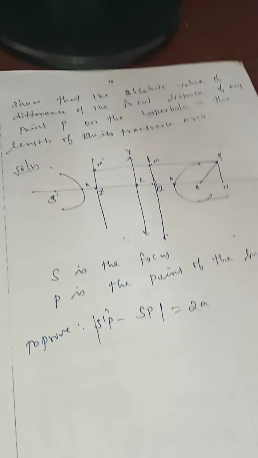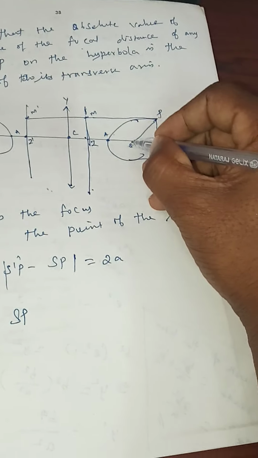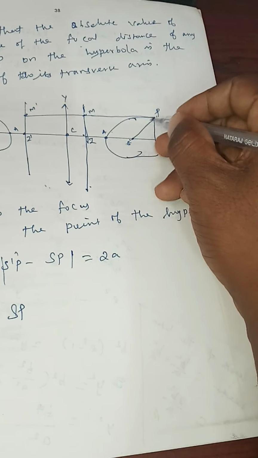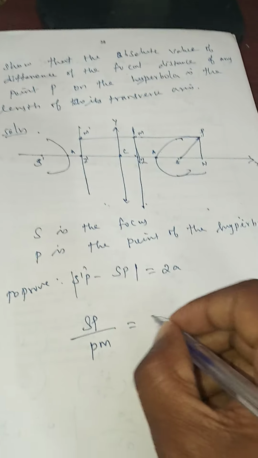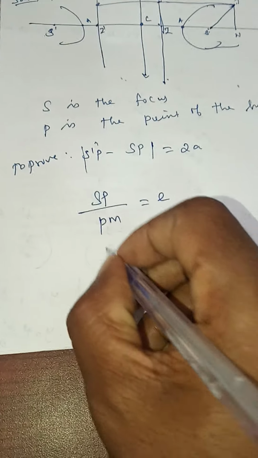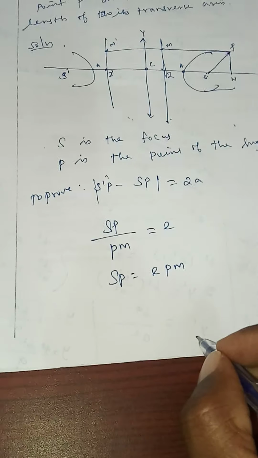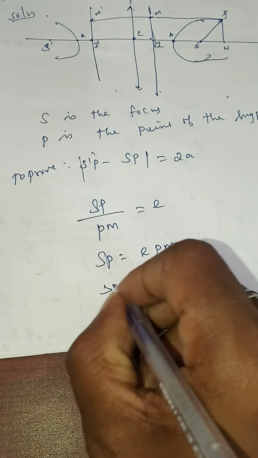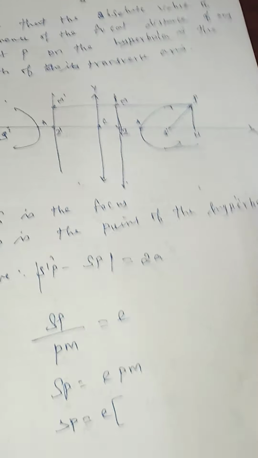First, the focus-directrix formula, the eccentricity formula: SP divided by PM, the focal distance over the distance to the directrix, is equal to e, the eccentricity. Then SP is equal to e into PM.